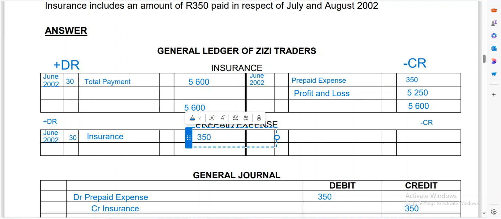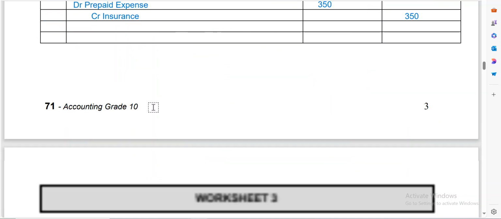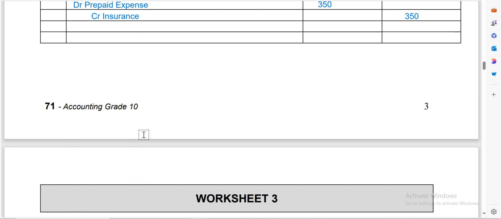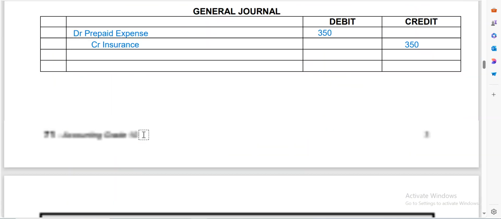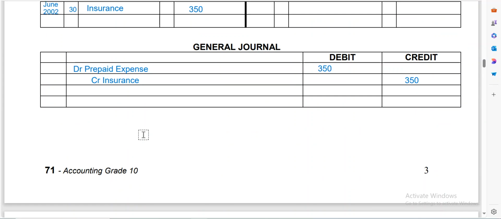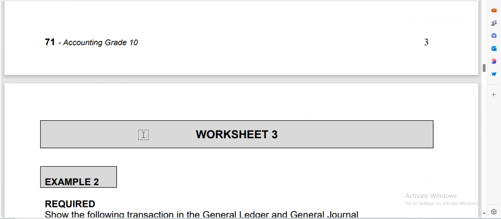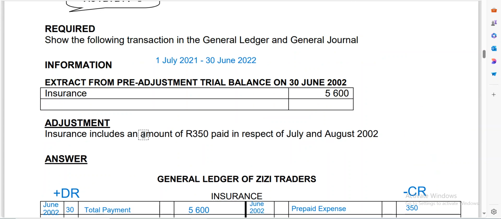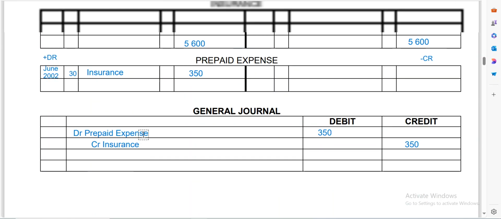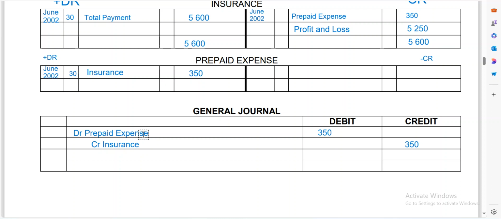So let's see if they give us space for us to record in there. This example doesn't have the space for us to record in the balance sheet, but in the balance sheet under prepaid expense, this amount will fall under the trade and other receivables note.